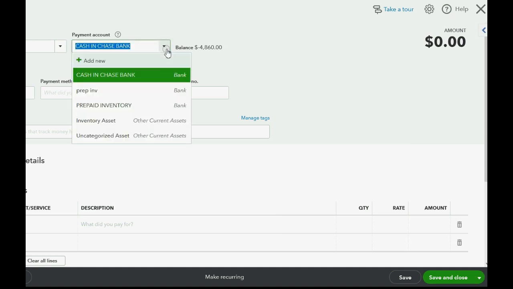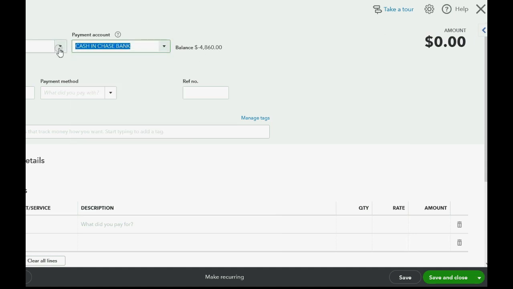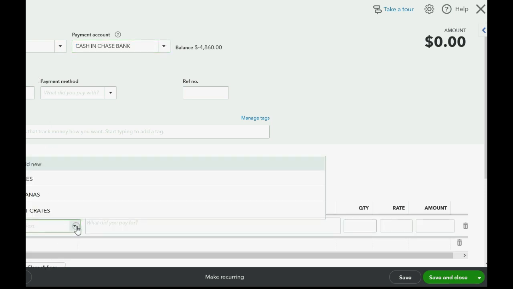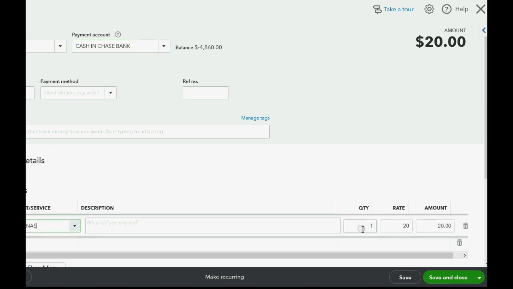So we're paying from cash and bank to Sam's Farm on January 25th. Product and service is bananas, and the quantity is 300, and this is the first time we're going to change the rate. The rate is $22 instead of $20.